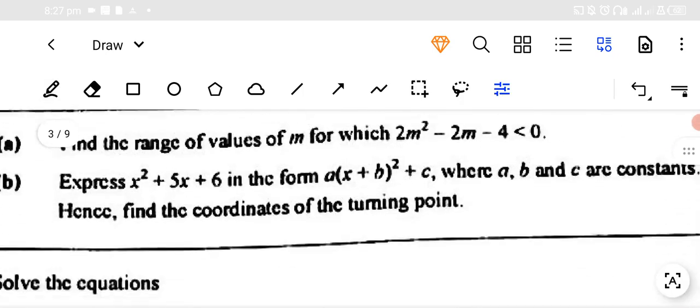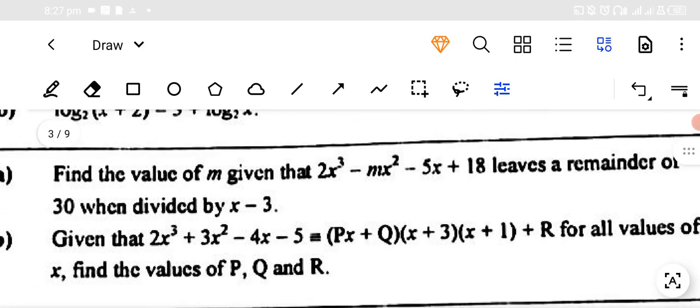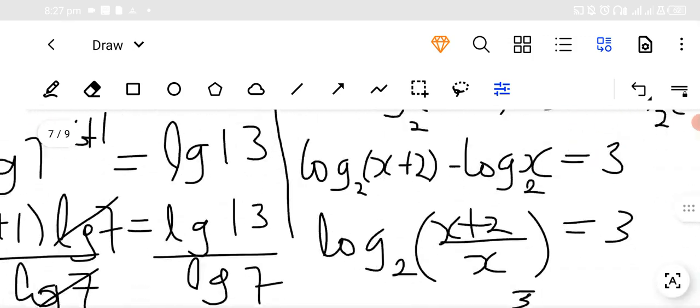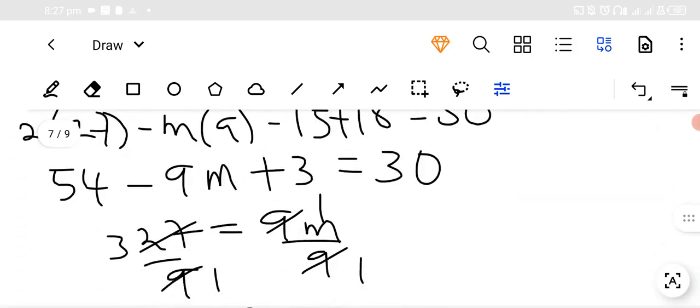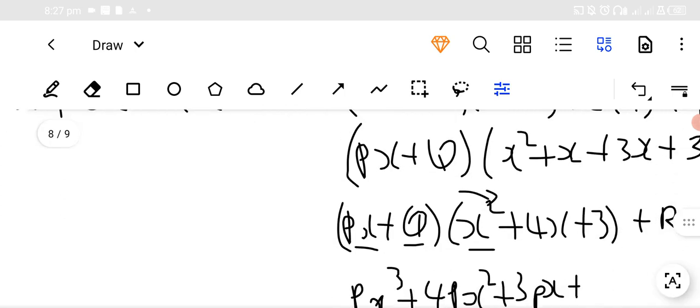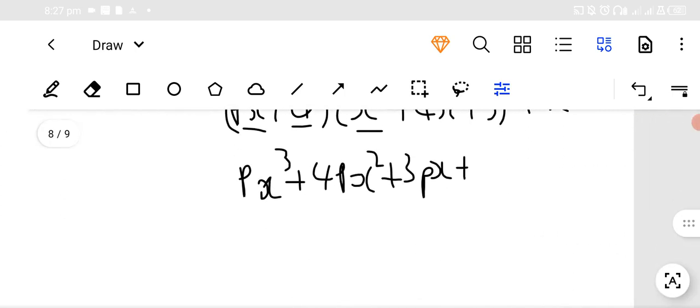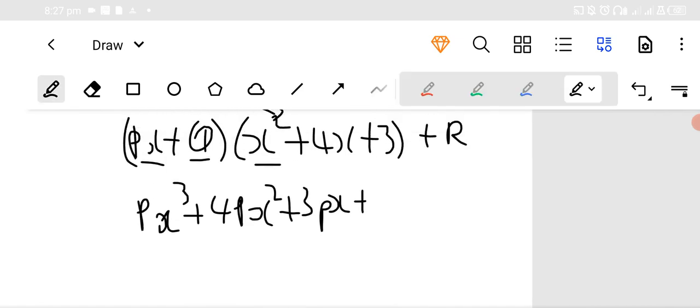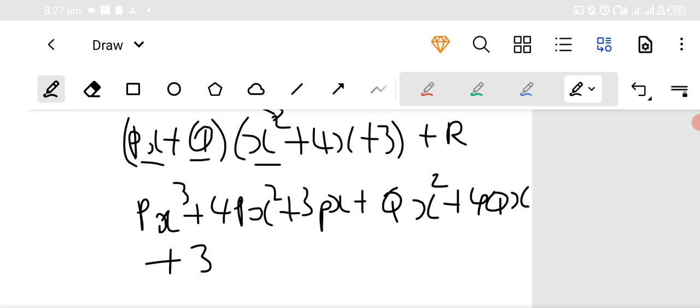If we revert back to the question, was it capital Q? I just want to confirm. It was capital Q. So you are going to have plus qx squared plus 4qx, and then plus 3q plus r.